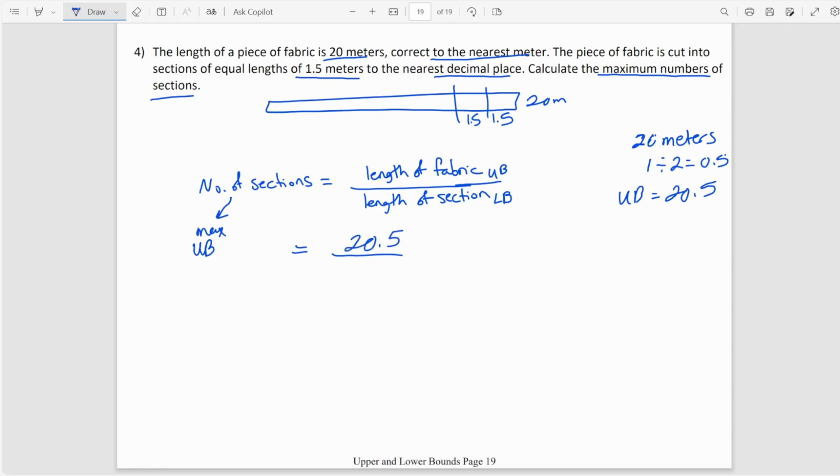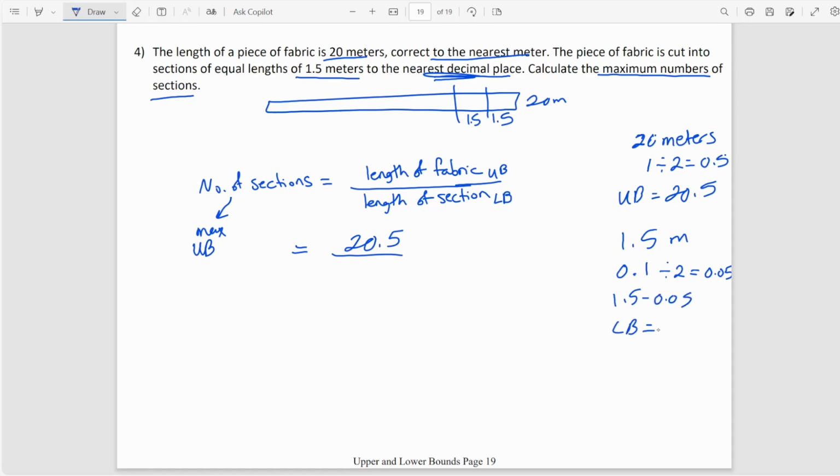Now, as for the sections, they are 1.5 meters, correct to the nearest decimal place, as you can see here. So the unit of rounding is 0.1. And dividing this by 2 gives us 0.05. And we want the lower bound, so we're going to do 1.5 minus 0.05.